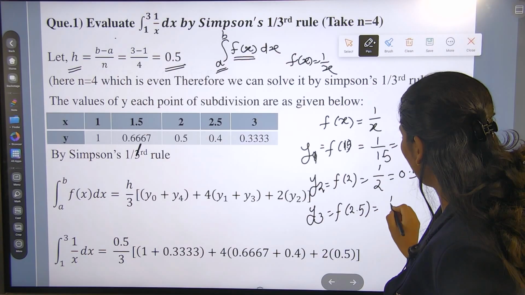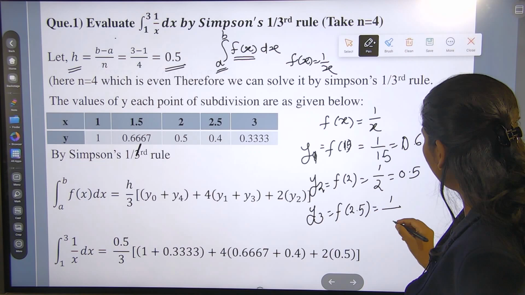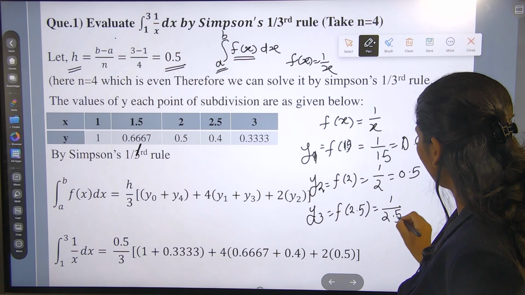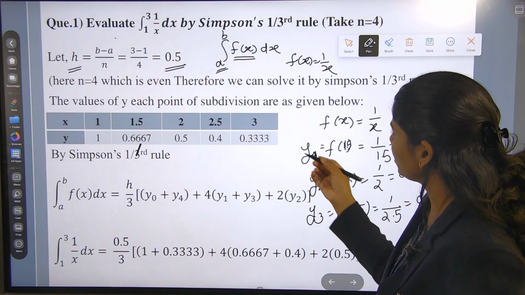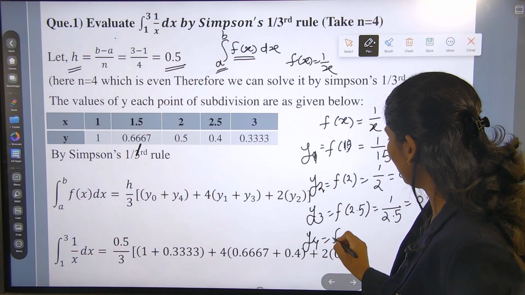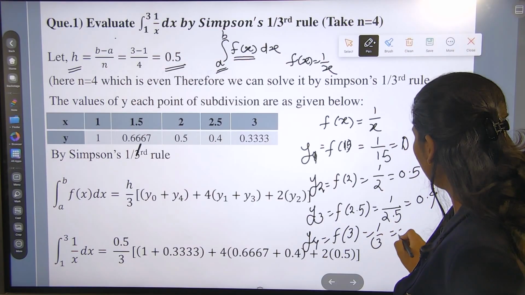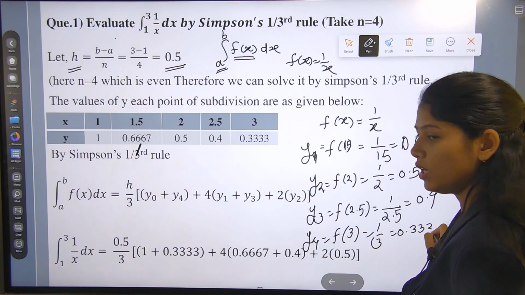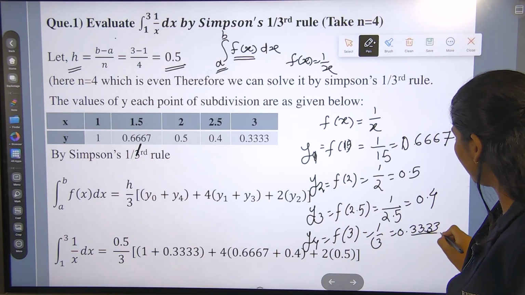Here the function is 1 upon x, so put x in the denominator. So 1 upon 2.5, we get 0.4. Next for 3, y4 equals f of 3. So 1 upon 3, we get 0.3333. Write the value up to 4 decimal places.